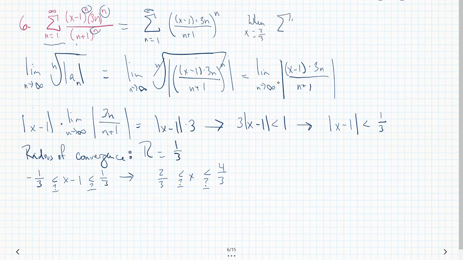We get this summation. Plug in 2/3 for the x. I'm going to make that a little bit more simplified. We get negative 1/3 times 3n all over n plus 1, and that's all raised to the nth power.